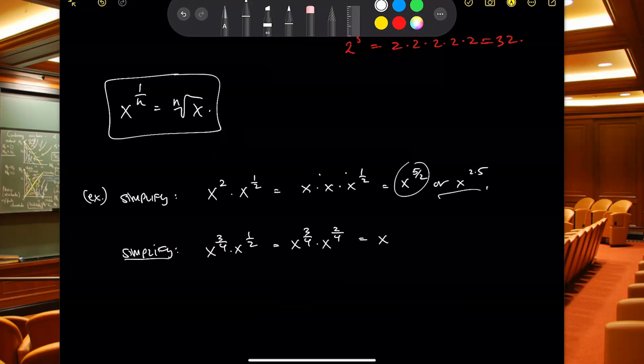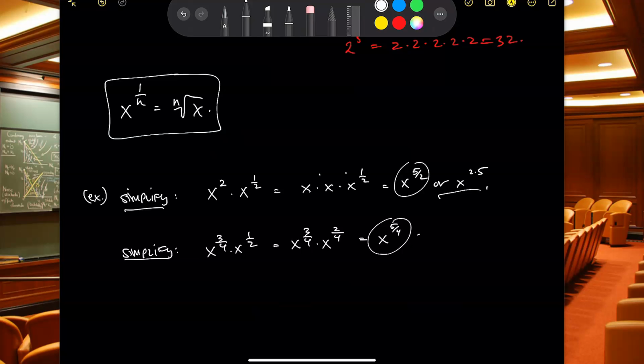Well, I've got 5/4 factors of x. Okay, so it gets a little strange just because we're not used to fractions being in this space, but all of the rules that we've come up with apply all the time. So it even applies in this weird setting where we have fractional exponents or roots of things.